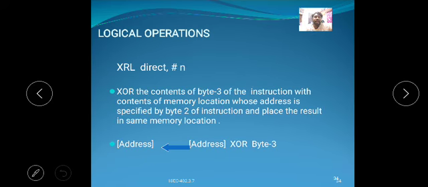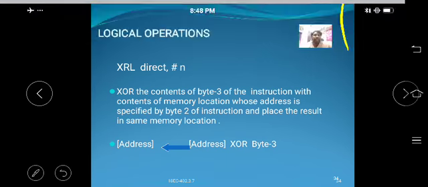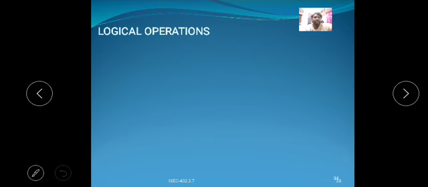XRL direct, #n. XRL the content of byte 3 of the instruction with the content of the memory location whose address is specified by byte 2 of the instruction and place the result in the same memory location. Address XOR byte 3.